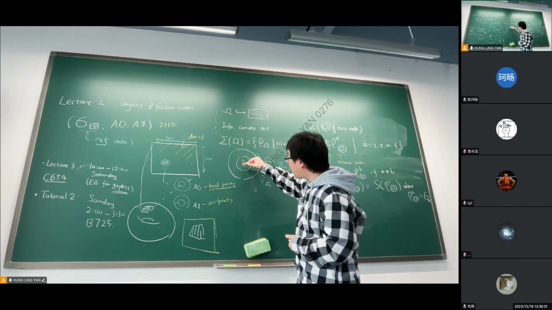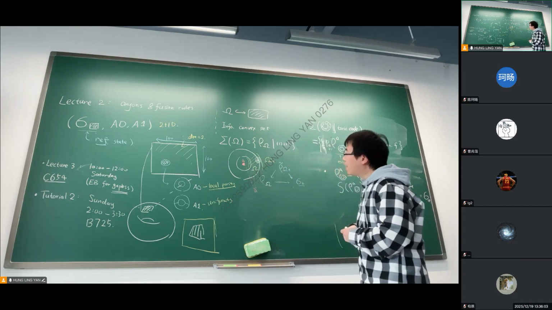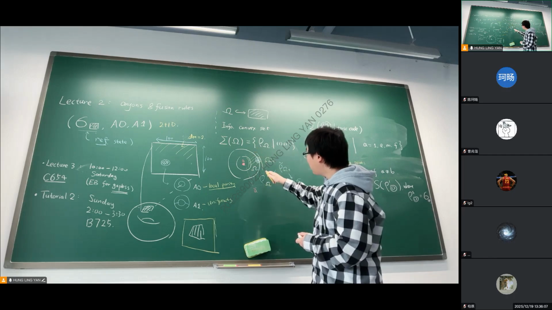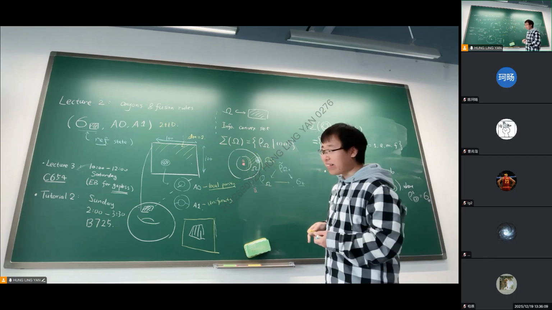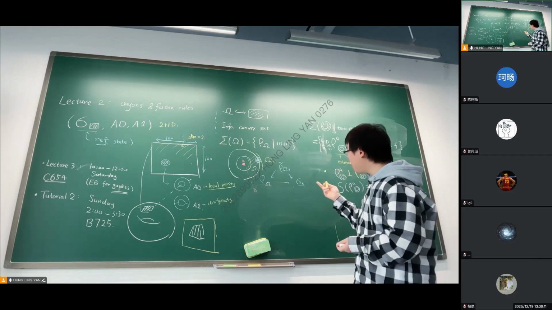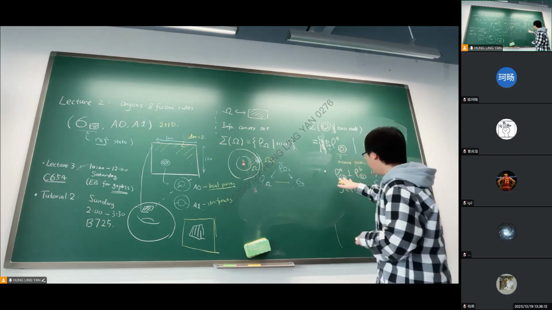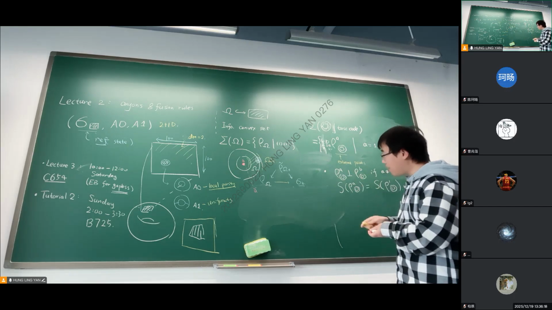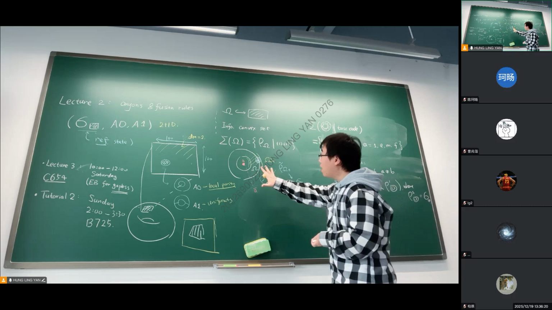There is a string operator that passes through the annulus, but the string operator is deformable, and therefore the local density matrix does not detect the string. Only the global density matrix could see the difference, and they are very different. The states are orthogonal on the annulus.